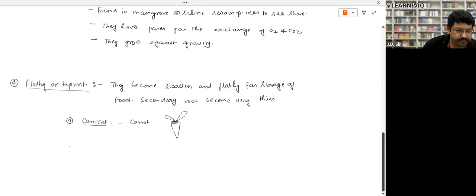They may be fusiform. Fusiform is found in radish, right? Radish, fusiform. So fusiform is like this way. This is a fusiform structure.